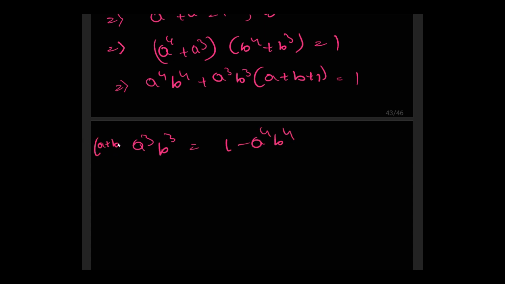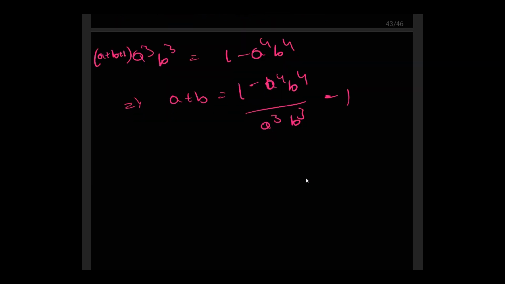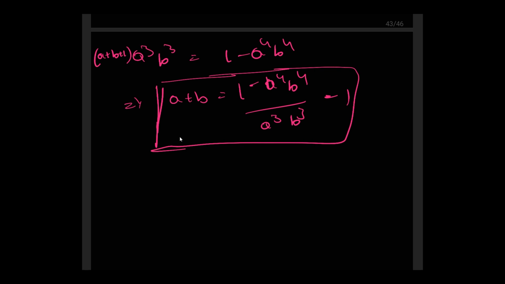That implies a plus b will be 1 minus a power 4 b power 4 by a cube b cube, minus 1. Now similarly, take for c and d also.